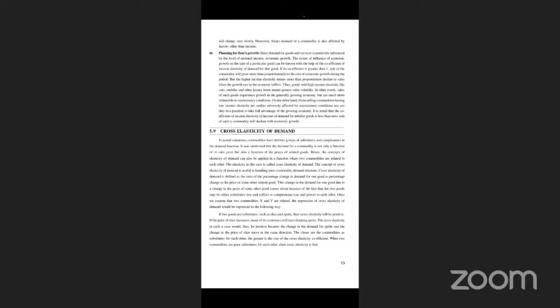The cross elasticity is considered to be positive when the demand for Sprite is increasing and the change in the price of the other product is in the same direction.